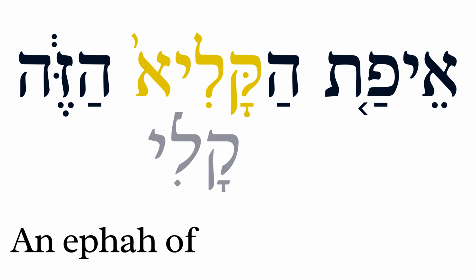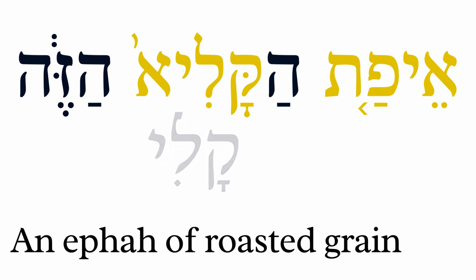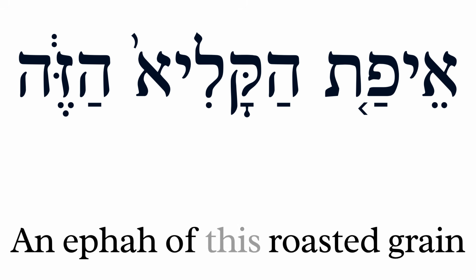Kali is usually spelled without the aleph. That's something you'll sometimes come across in Biblical Hebrew, an aleph added into a word. Kali is a kind of food, roasted or parched ears of grain. Efat kali, an ephah of roasted grain. Efat hakali hazeh, an ephah of this roasted grain.